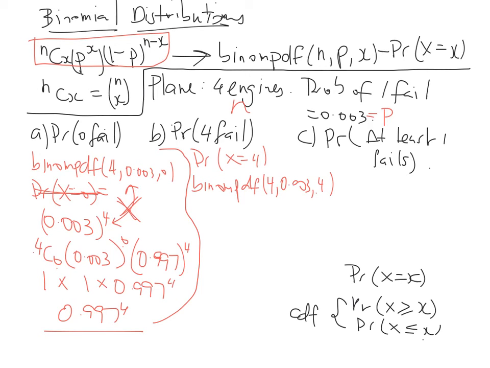So now we can substitute that into our equation, just to check it out and see what happens. So we'll have 4C4, then we've got 0.003 to the power of 4, so that's the x value, multiplied by 0.997 to the power of 4 minus 4.